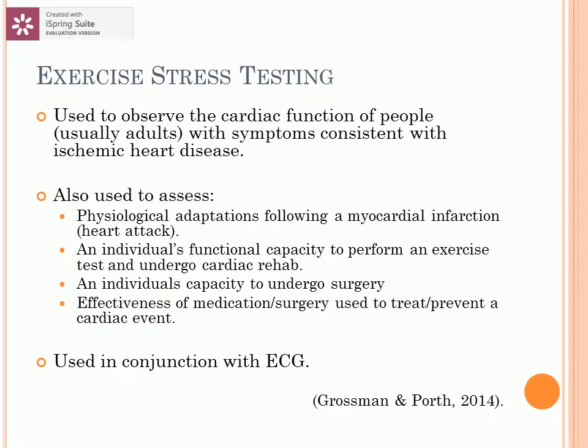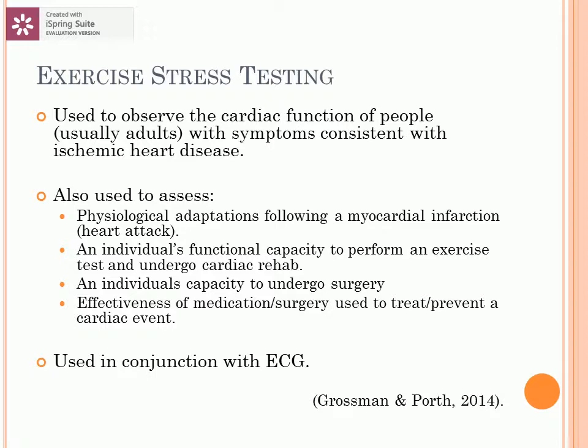So the next one, exercise stress testing. It's often used to observe the cardiac function of people, usually adults, with symptoms consistent with ischemic heart disease. It's also used to assess the physiological adaptations following a myocardial infarction, or a heart attack.